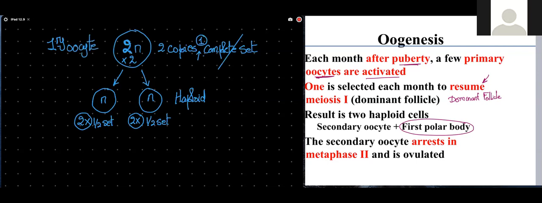The primary oocyte completes meiosis 1. Again, what was the triggering factor for this cell to complete meiosis 1? It was the activation first by the FSH, and what allows it to complete the first cell division of the meiosis is the LH surge that takes place on day 14.